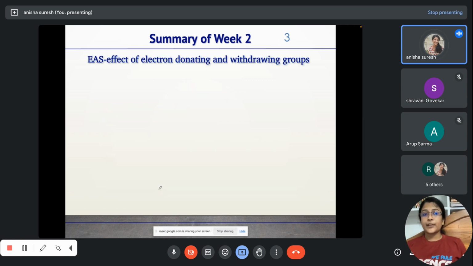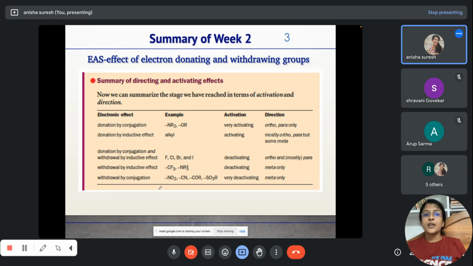Now coming to electrophilic aromatic substitution, the effect of electron donating and electron withdrawing groups. This is the summary of what was discussed in the lectures. If we have electron donating groups like NR2, OR, etc., which can donate electrons by conjugation, they are very activating towards electrophilic aromatic substitution, and they direct the substitution at ortho and para positions only.